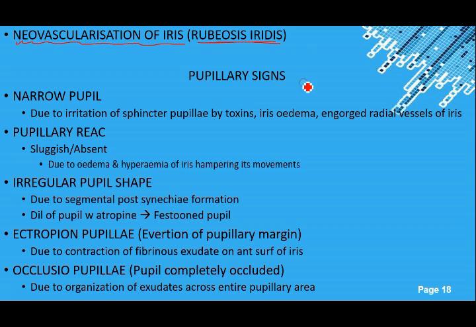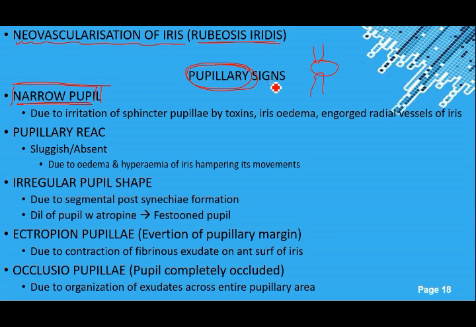Then moving on to pupillary signs, very important also. Iris signs, pupil signs, very, very important. First of all, your iris is extremely edematous, so your pupil becomes narrow.